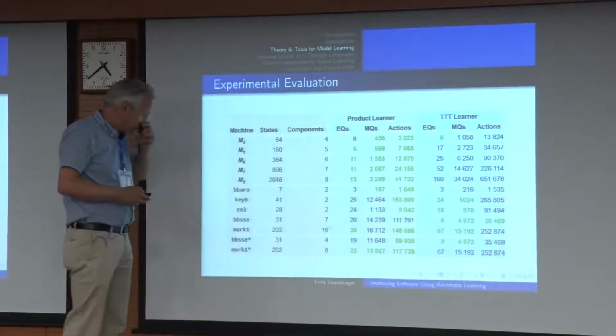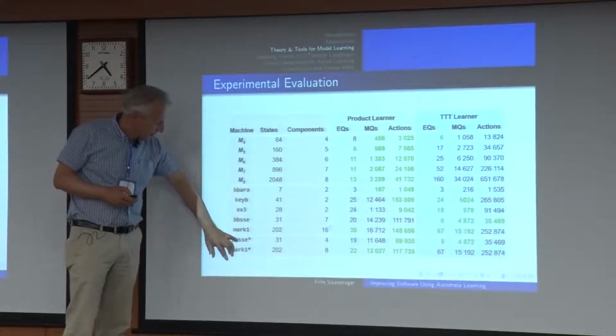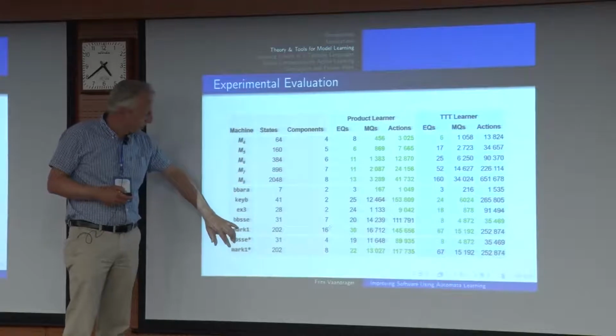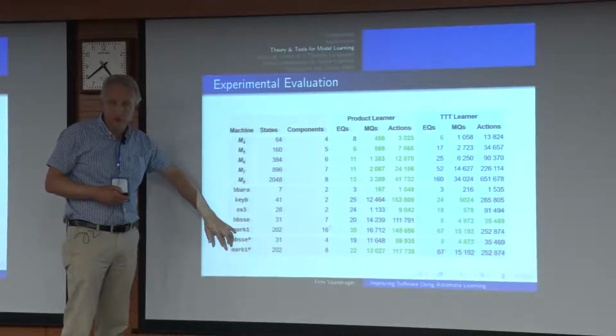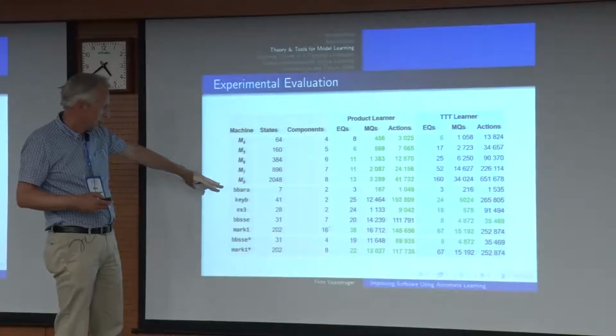Now it turned out some people did work on benchmarks. From quite a while ago there were benchmarks for circuits being described as Moore machines, and he also tried the same approach there.